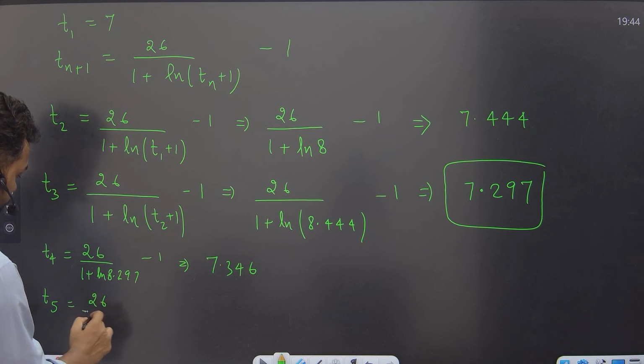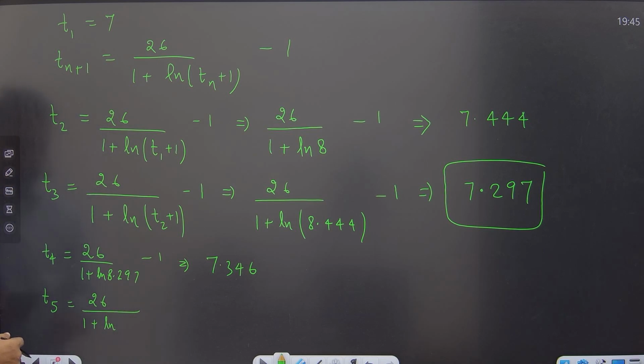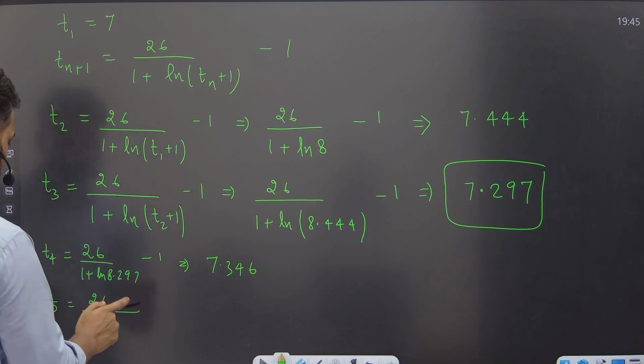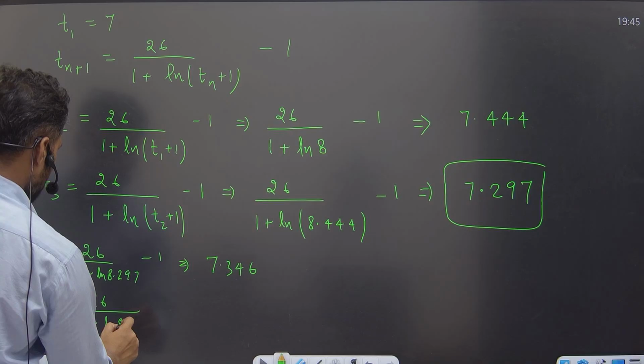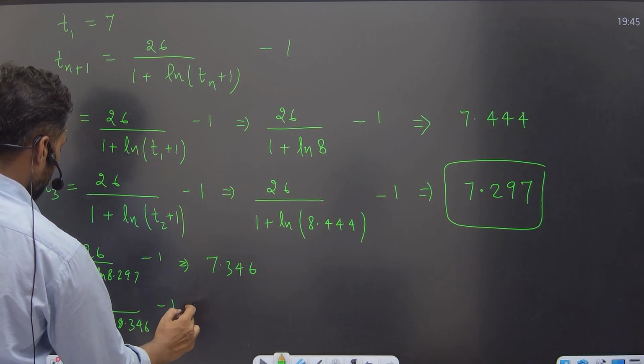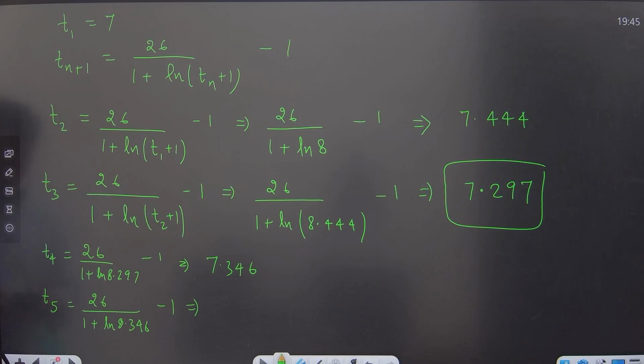Similarly for T5, the same process we need to repeat. 26 upon 1 plus log of, for T4 again we need to plug in, so it will be 8.346, negative of 1. Log of 8.346 plus 1 is 3.121, negative of 1.